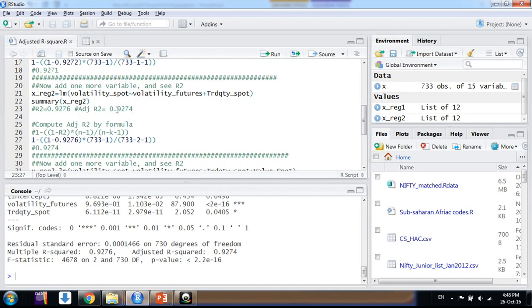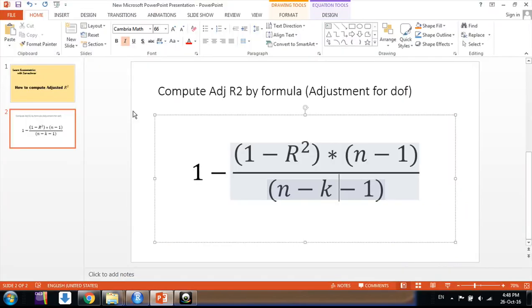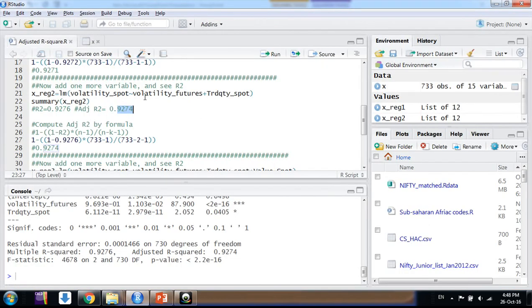Now I want to compute the adjusted R square. The k earlier was 1, and now k is 2 because we have two variables: the volatility of the futures market and the trade quantity of the spot market.